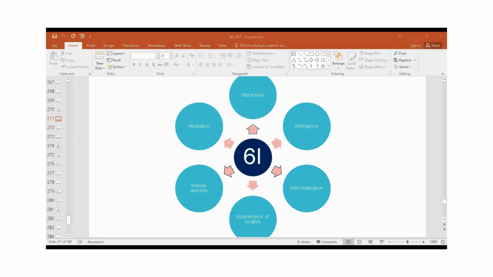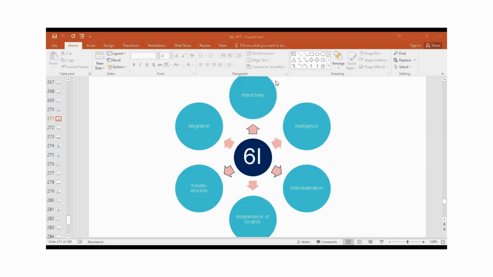So wherever it was needed, they disintermediated and removed the middleman, and sometimes there was a need to bring intermediaries into the picture. That happened depending on the type of industry structure.